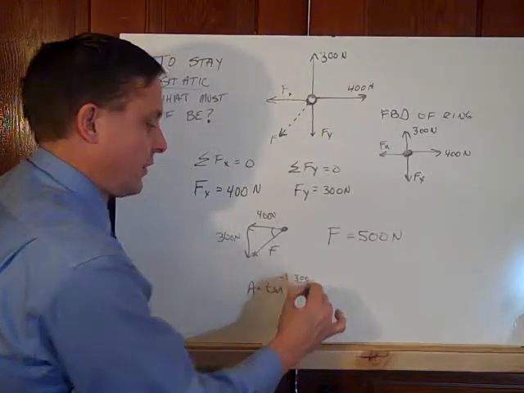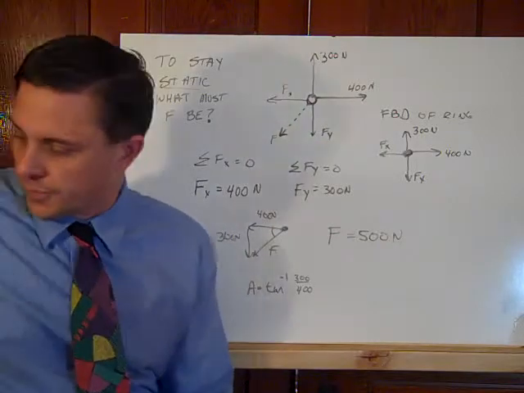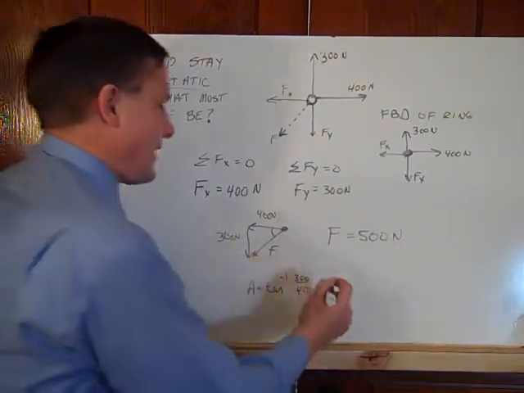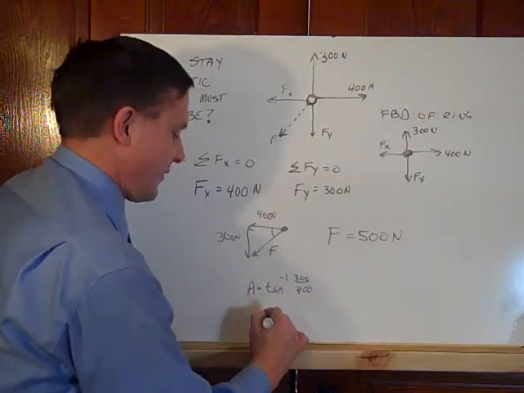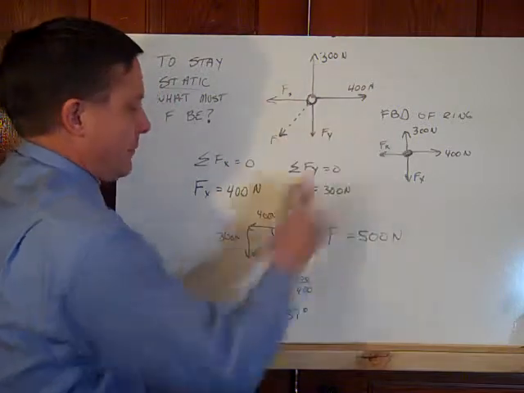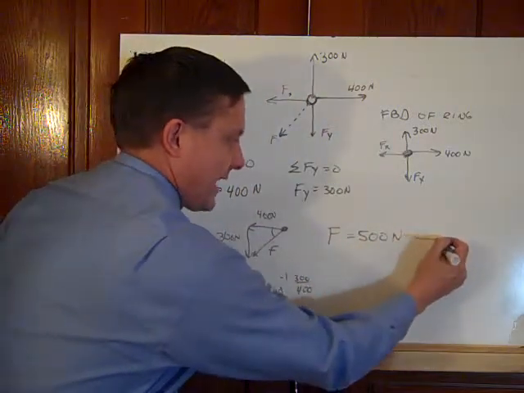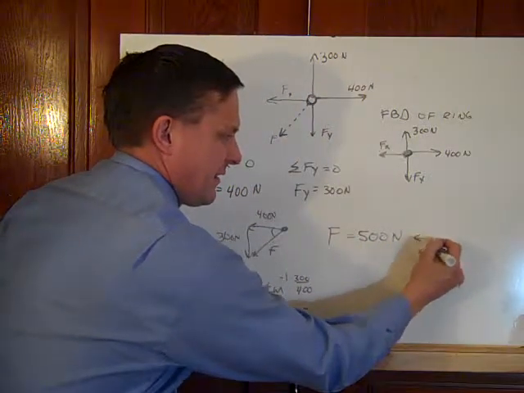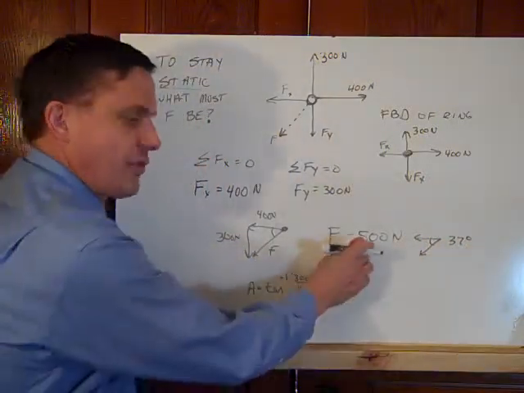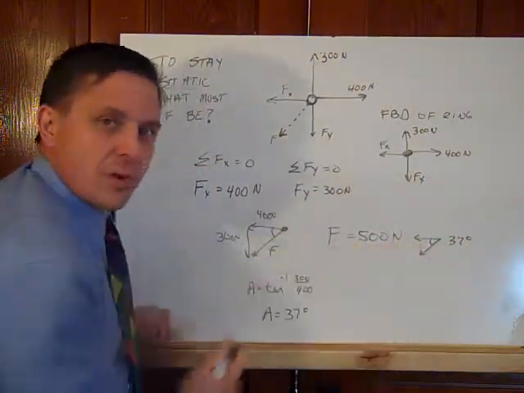The units cross, or the inverse tangent of 3/4. If I do that, I get 36.9 degrees. I'm going to call it 37 degrees. Based on this drawing, it has to be acting in this quadrant, 37 degrees. A force has a magnitude and a direction.